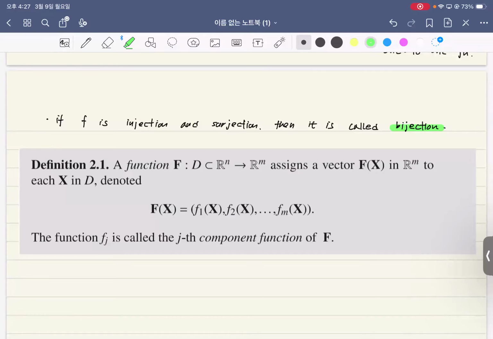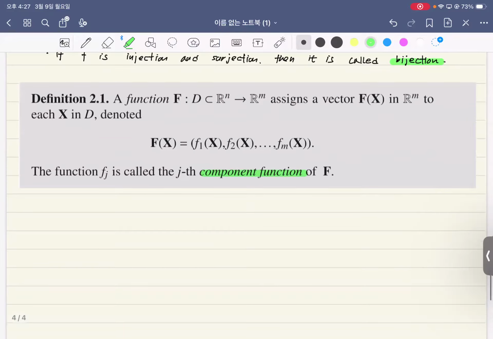You must be able to find all these component functions. So this is one very important observation towards multivariable calculus: every vector valued function must have component functions, and all these component functions are real valued functions. Okay.